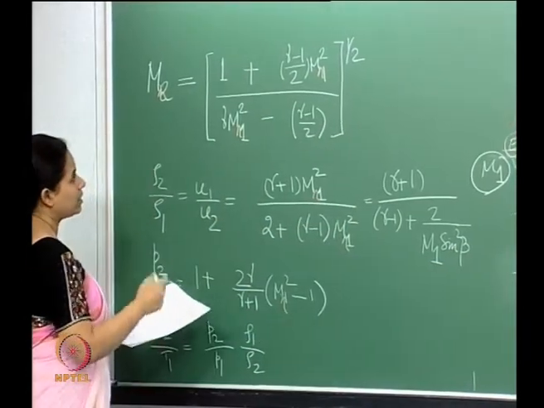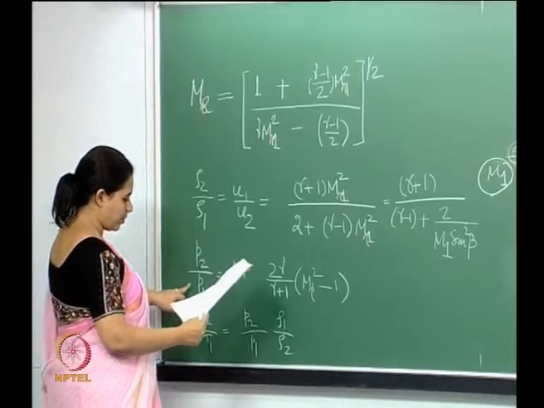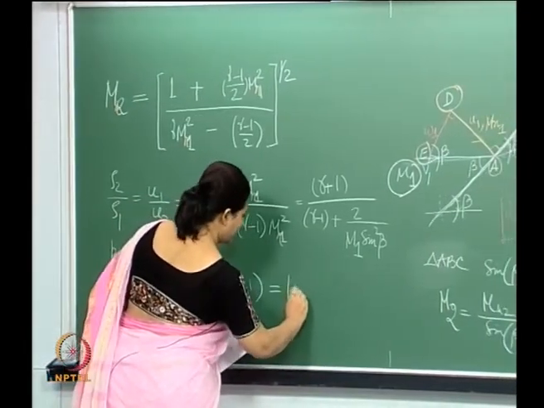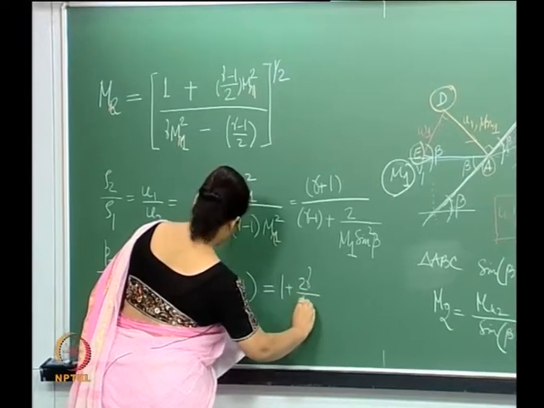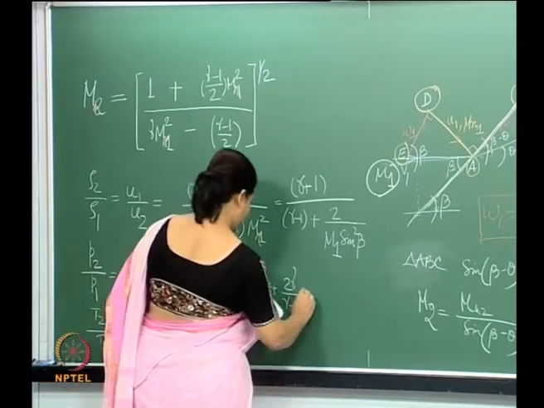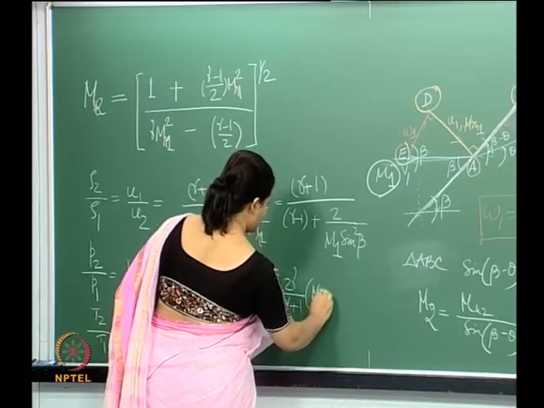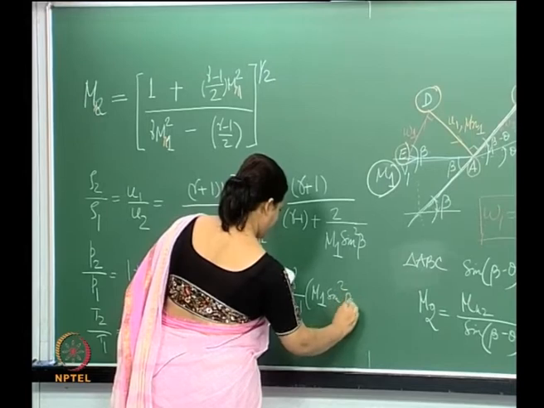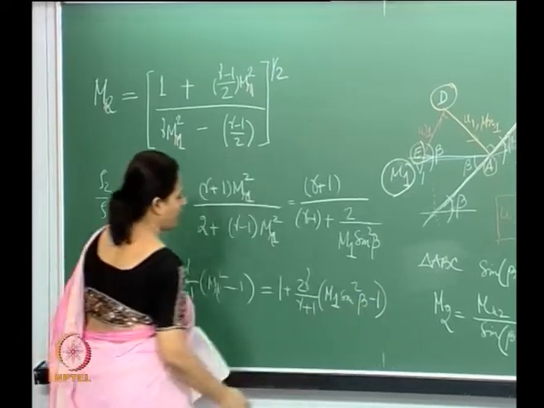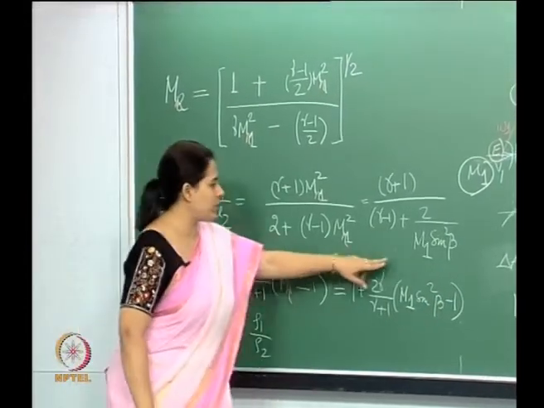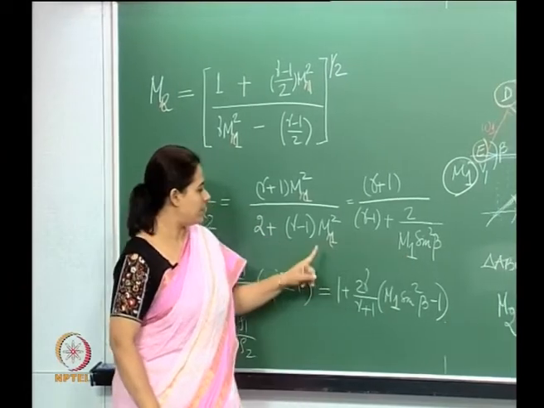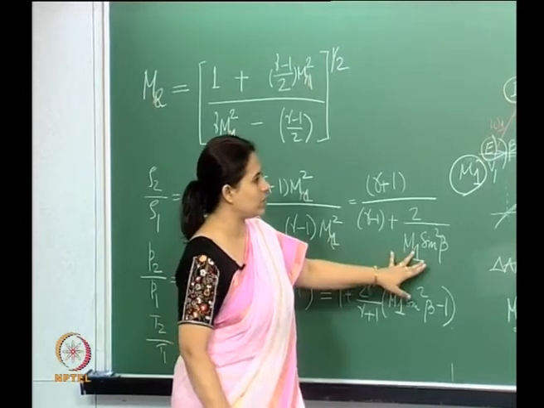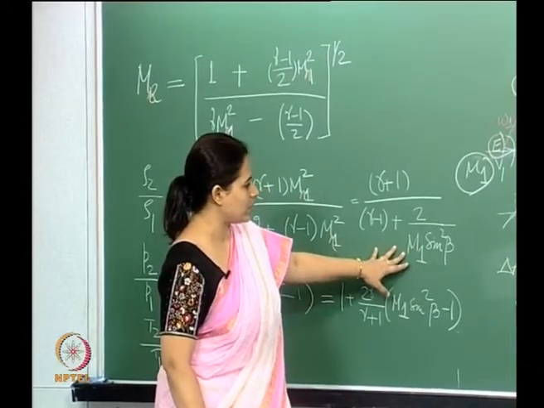And then again for P2 by P1, what I get is this. I hope you can see how we are introducing M1 here instead of the normal component.